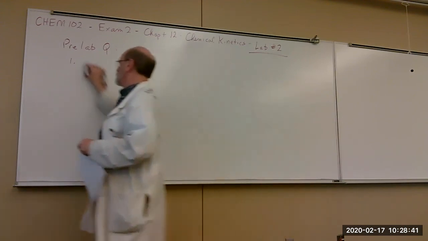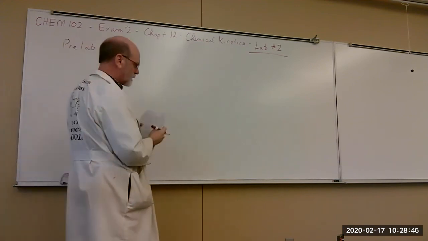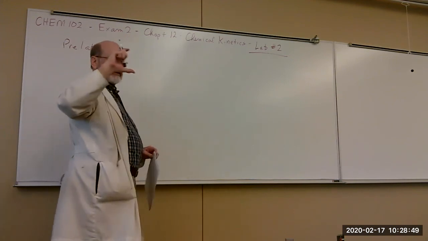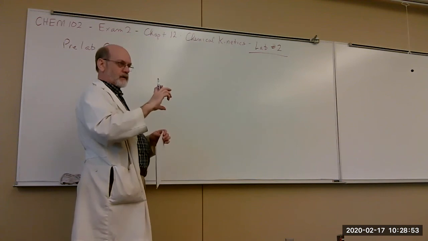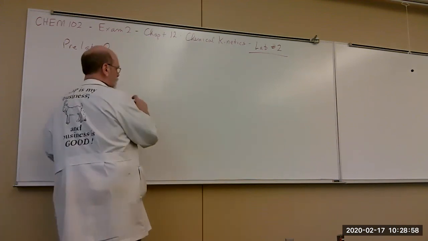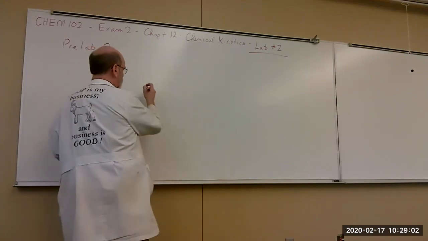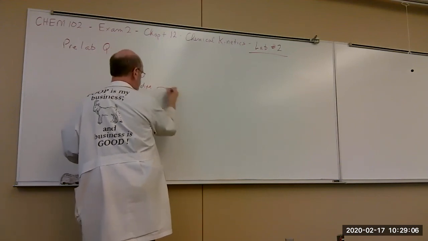Actually, before I do number 2, I want to make a comment on the procedure. When you determine, you're going to use test tubes to determine how many drops you need to add to a certain volume of bleach to color it. So you need to determine what's the volume of dye that goes in the tube.